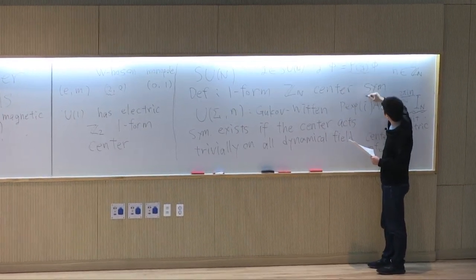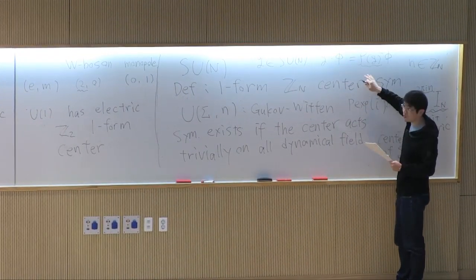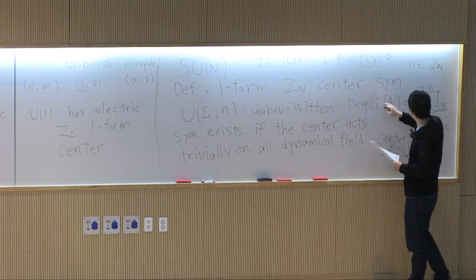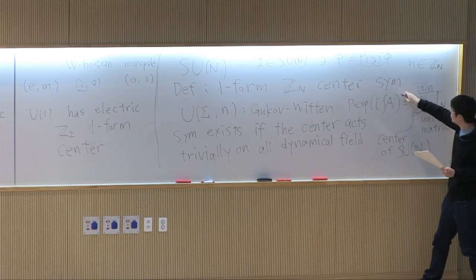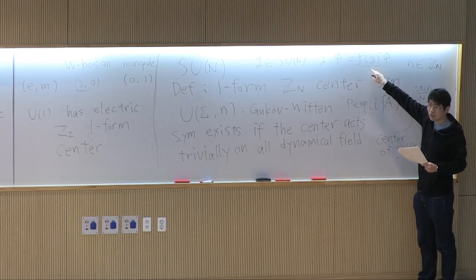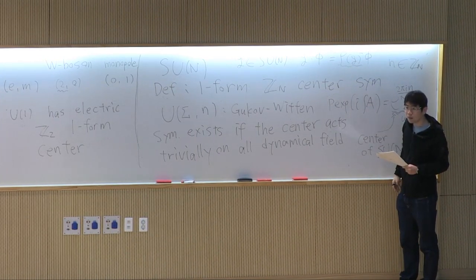In the case of the adjoint representation, if we put this center element into this element G, then it is just trivial. Then how does it act on the fundamental, for example?